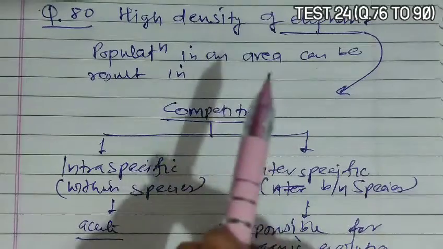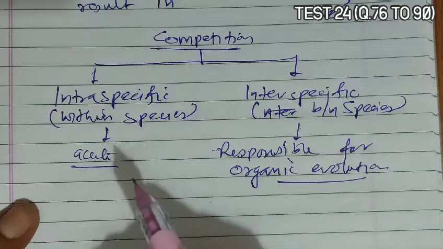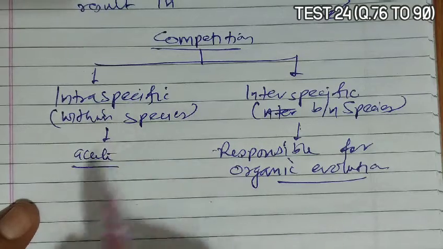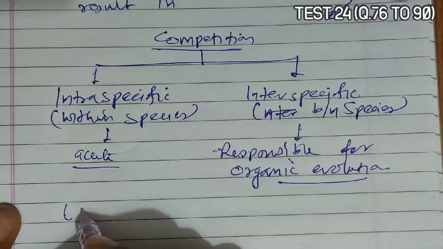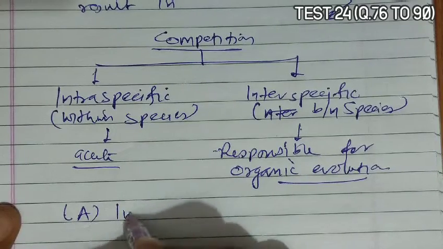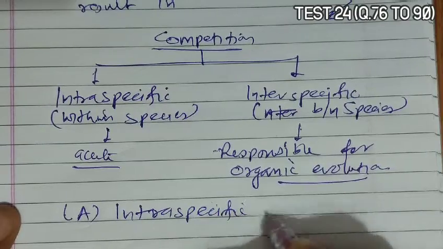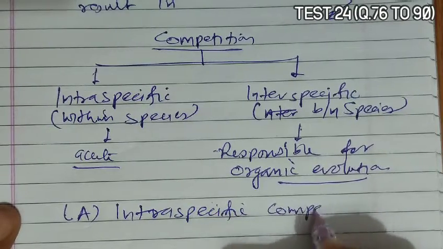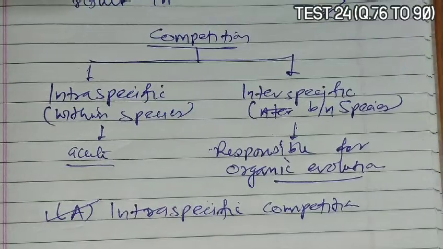Here we are talking about a high density of only elephants, so it is an elephant population, meaning the competition occurs within a population. So it results in option A, intraspecific competition. So A is the correct answer.